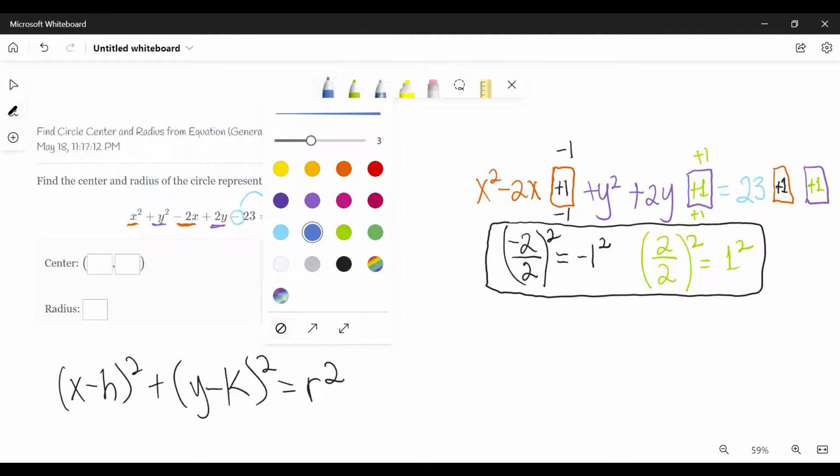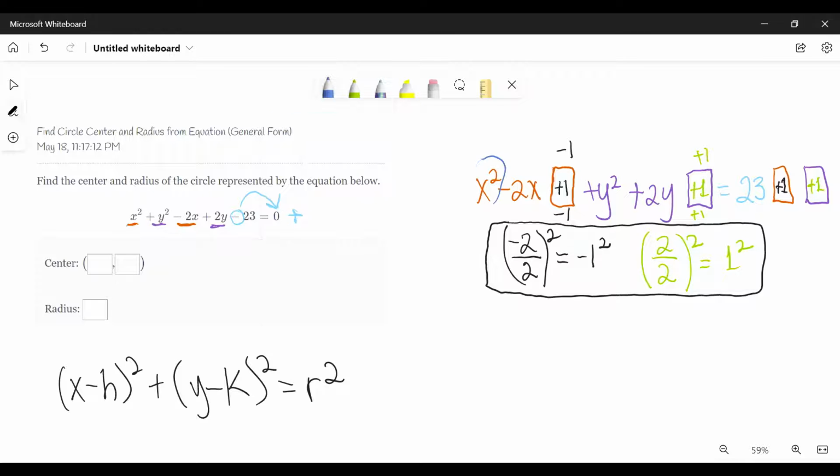Okay, so just to recap, this was a square term. This positive 1 in here is there because we squared -1, right? Y squared, that's a square term, and this positive 1 is in the parentheses because we squared a positive 1.